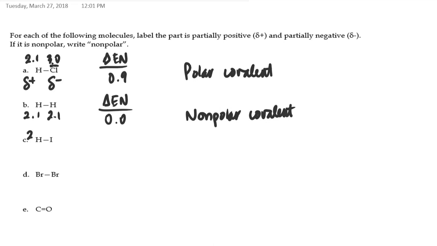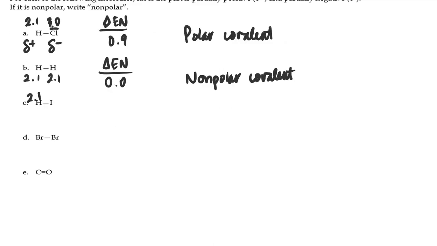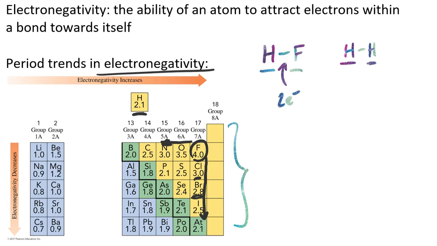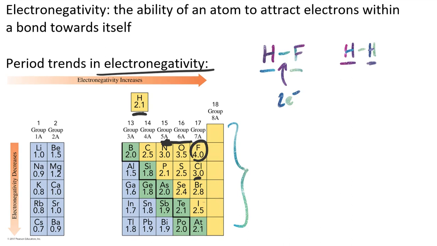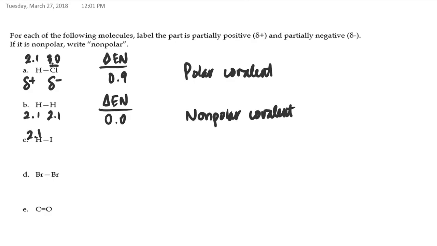Hydrogen's electronegativity is 2.1, as we've seen above. The electronegativity for bromine is 2.8. I'm sorry, the electronegativity for iodine is what we're looking for here. The electronegativity for iodine is 2.5. So that means that the difference in electronegativity between these two atoms is 0.4.